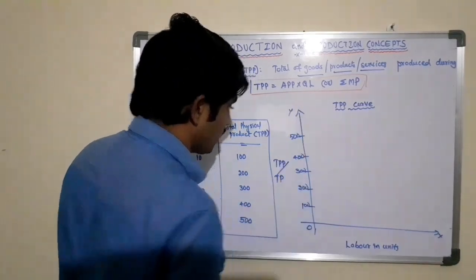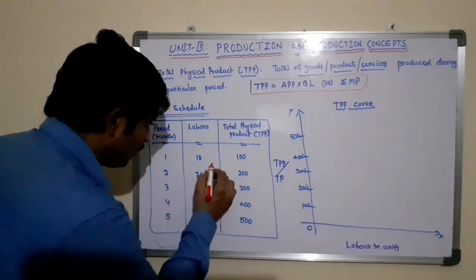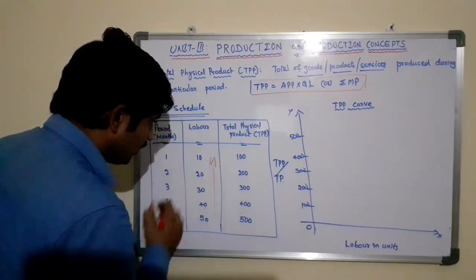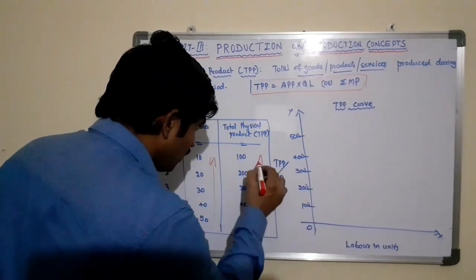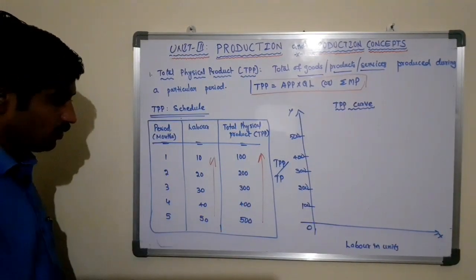As the labor in units increases, the total production also increases proportionately in the corresponding period 1, 2, 3, 4, 5.